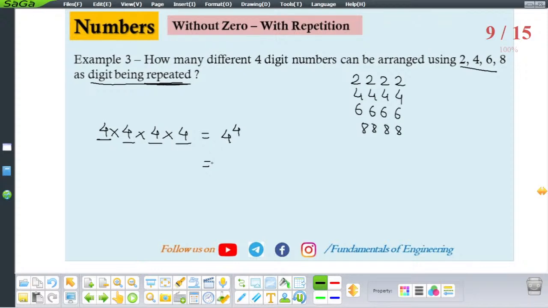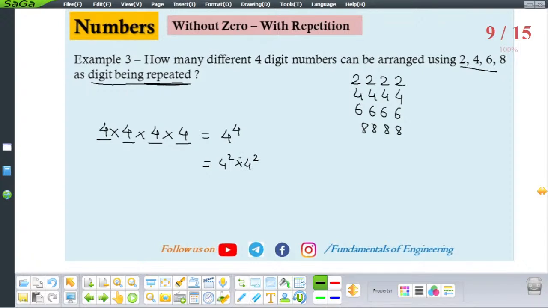What is the value of 4 to the power 4? You can split that 4 square into 4 square if you want.